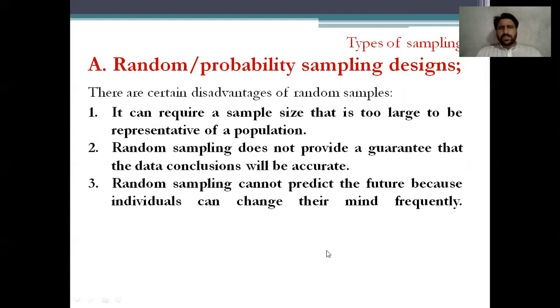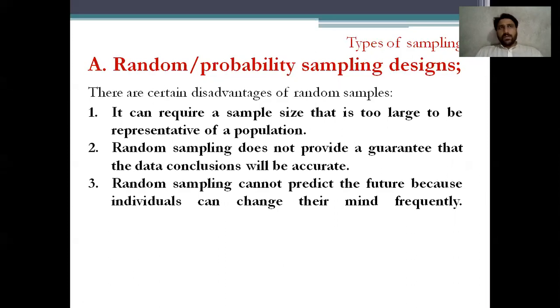There are certain disadvantages to random sampling as well. Number one, it can require a sample size that is too large to be representative of a population. When you are selecting samples randomly from your main population, you might need a pretty high sample size to be representative of the population.